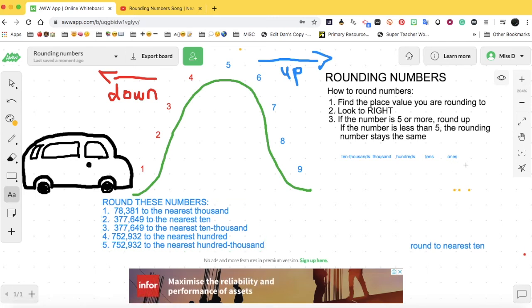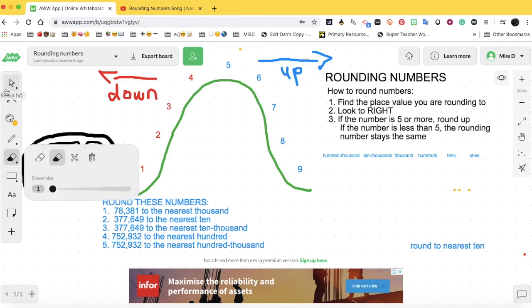If you need, write your numbers and also include your place value at the top so you can get it right, okay? And I have made some of them harder. I've included some 100,000 numbers as well. So pause the video and have a go.